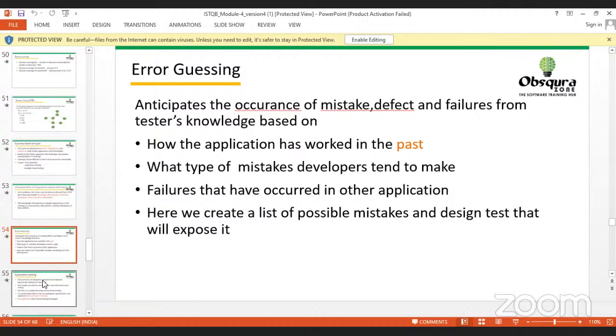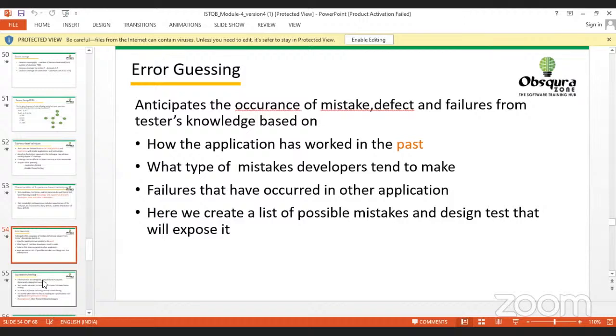If it is something related to revenue or calculation related things, and there are such modules in your application, then there are chances for developers to make more errors in those areas. So you can concentrate on those areas. These are the types of mistakes developers tend to make. All this you can know based on your knowledge and your experience.